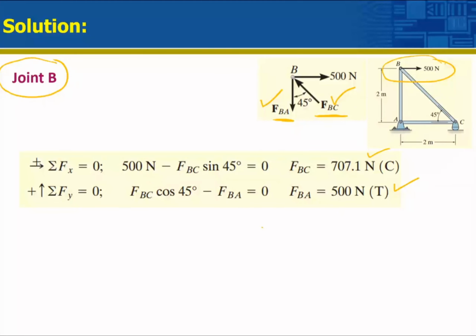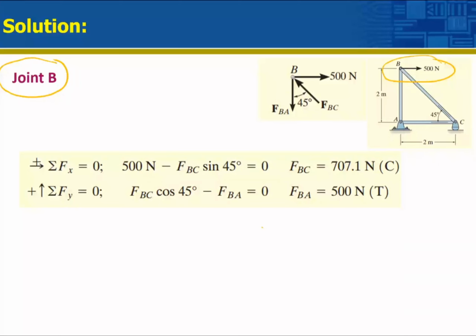Now, if I look at BC, it's upward, so it's in compression. I'll show you when I draw all the members. So forget this at the moment.